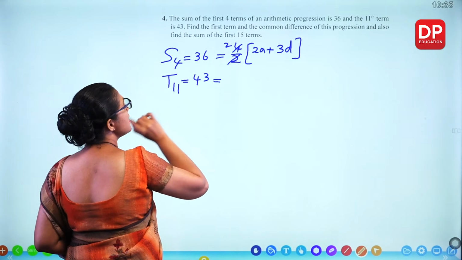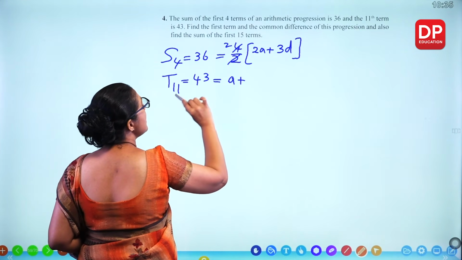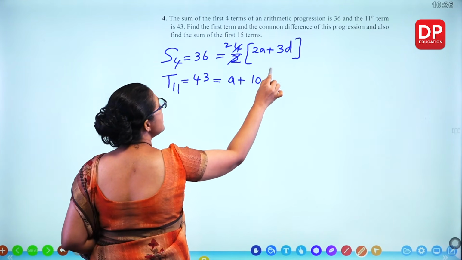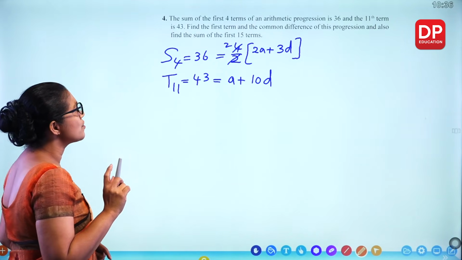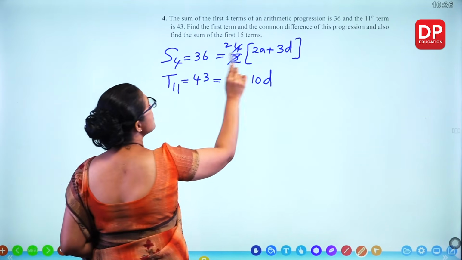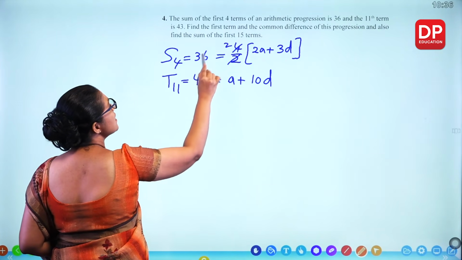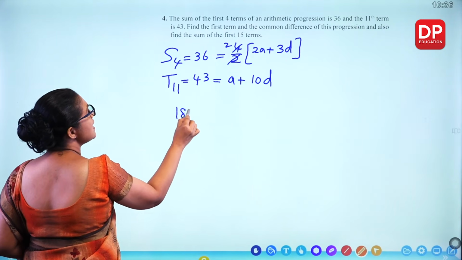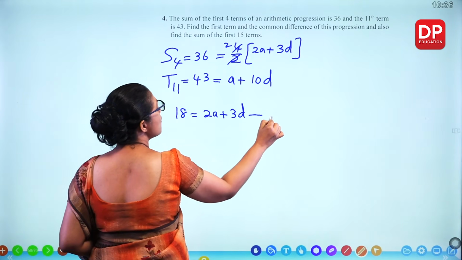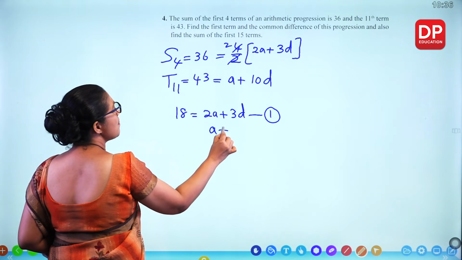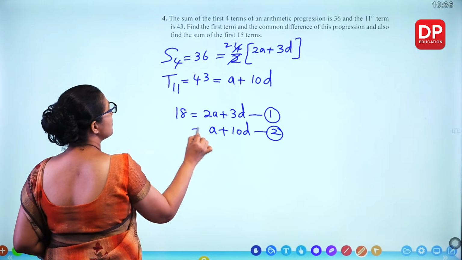I can write 43 equals A plus 11 minus 1, that's 10D. So you get 2 equations and 2 unknowns. We'll take the first one. Here again you can divide this by 2. 36 divided by 2 is 18 is equal to 2A plus 3D. That's our first equation. A plus 10D is the second equation.